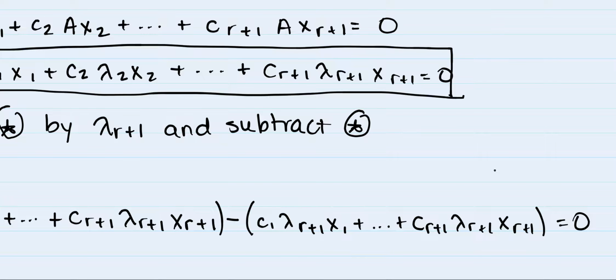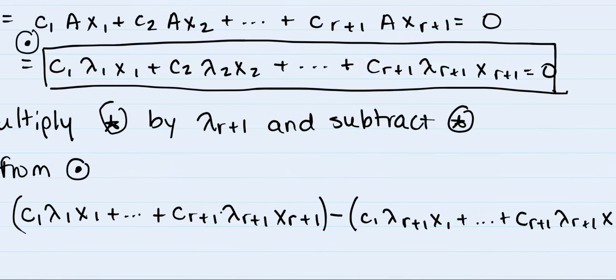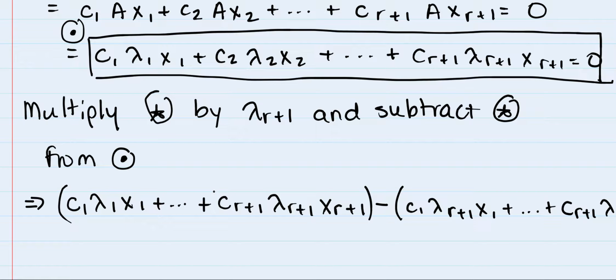If we subtract those two equations, we're going to get 0 because both of the equations are 0. Then you just want to group the coefficients together that go with the right eigenvector.